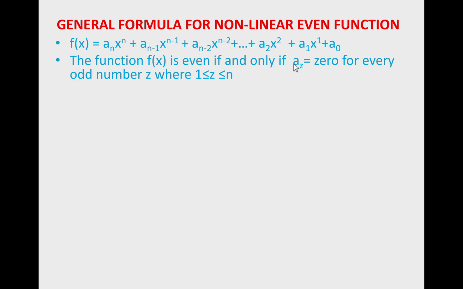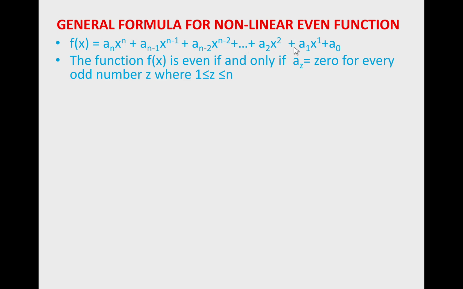So what we're saying over here is that for all the x terms where the exponent of x is an odd number, we want that coefficient to be equal to 0. Why? Because we do not want to see any term with an x that has an exponent that is an odd number.